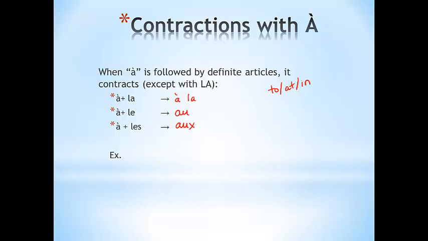If we want to say they are talking to the professors, we would say ils parlent au professeur. Because you have parler à les professeurs, so it's going to contract to form au.